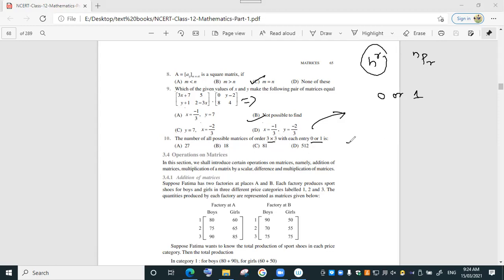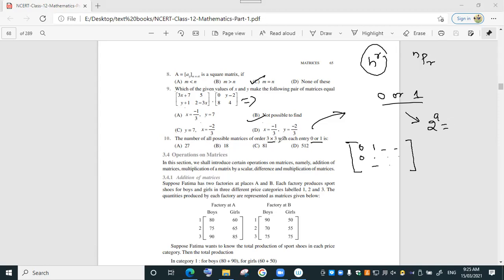How many 3 by 3 matrices can be made using 0 and 1 only? Anywhere we can put 0 and 1 to make the matrices. There are 9 places, and we have to put the two numbers at 9 places, so the answer will be 2 raised to power 9.